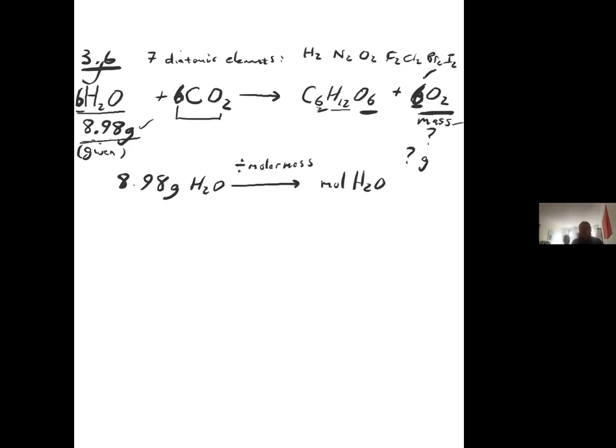That conversion, mass to moles, and the reverse, moles to mass, is probably the most standard calculation that any chemist does, or anybody taking a chemistry class, that's for sure. So you've got to get really good at that. You divide by the molar mass to get moles. You multiply the moles by the molar mass to get the mass, okay?